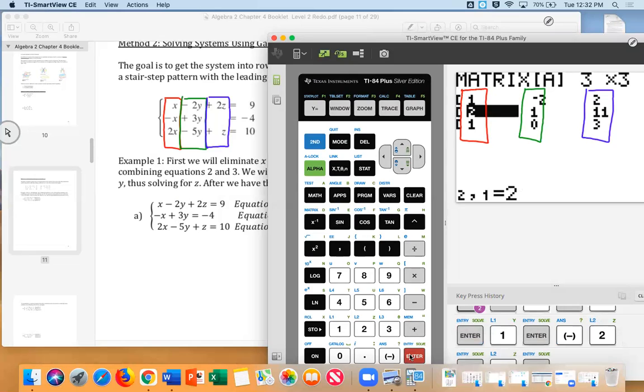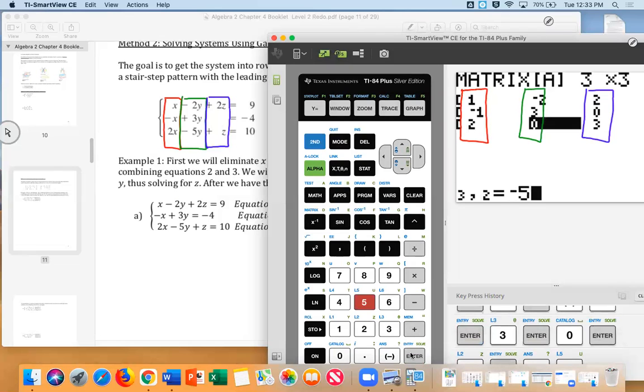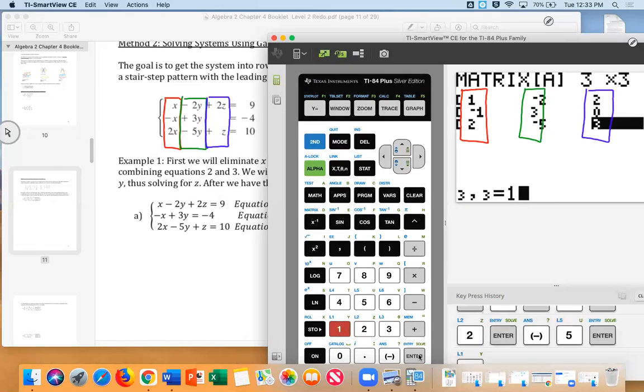Brings me down to the second line. -1, enter. 3, enter. 0, enter. 2, enter. -5, enter. 1, enter.